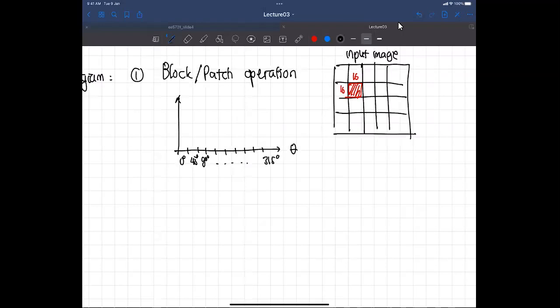Now, if your pixel falls into the range of 0 to 45, then you keep that counting here. If a second pixel also falls into this orientation, for example, then you add. Okay, so that's called a histogram, basically.